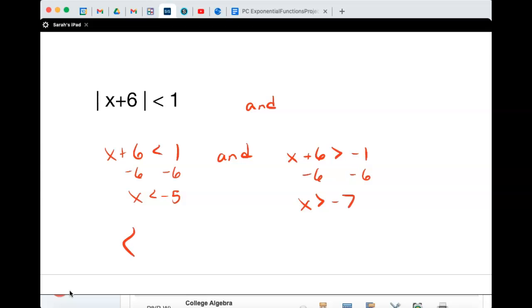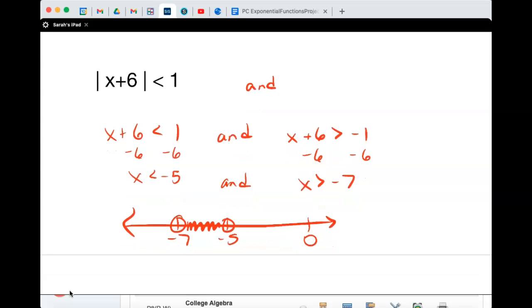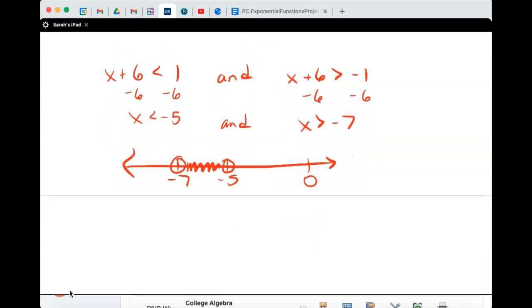So then we have -7 and -5. Circles or dots? Circles. And then inside or outside, my 2 points? Inside. Okay. So this last one I'm going to make you do by yourselves, just to see if you have it or not.